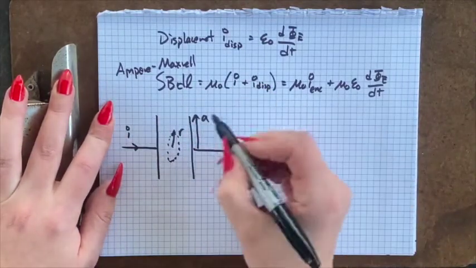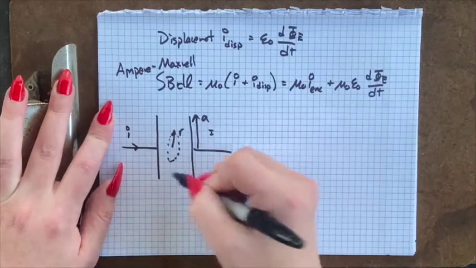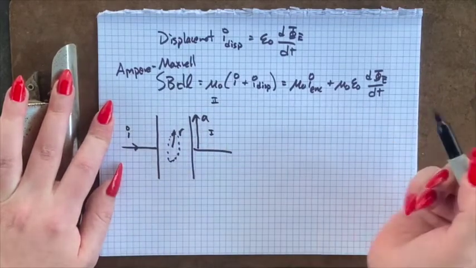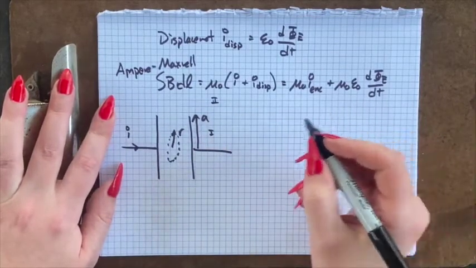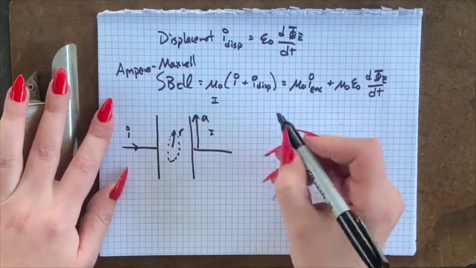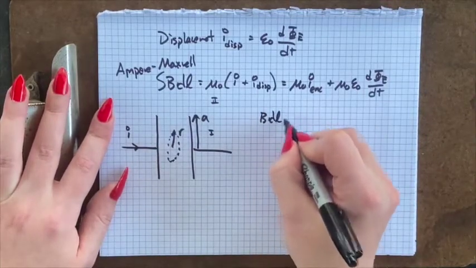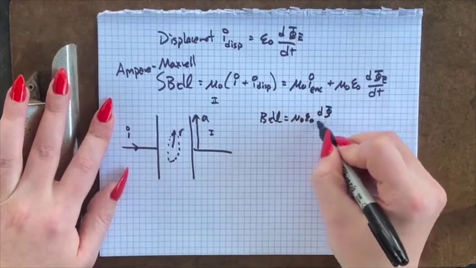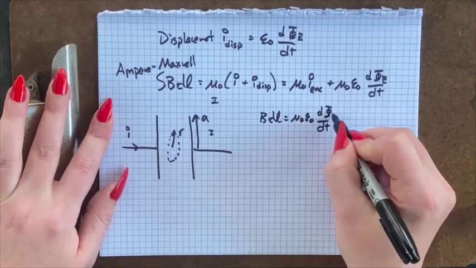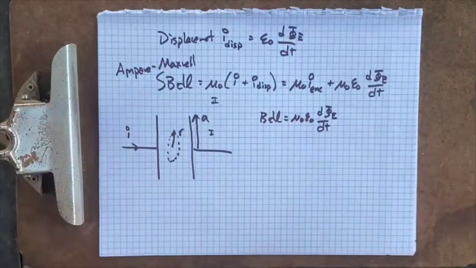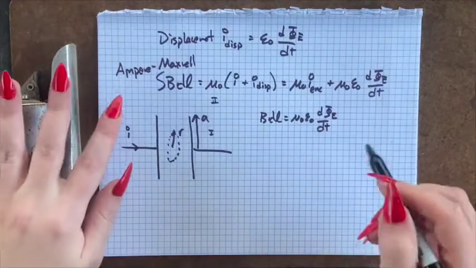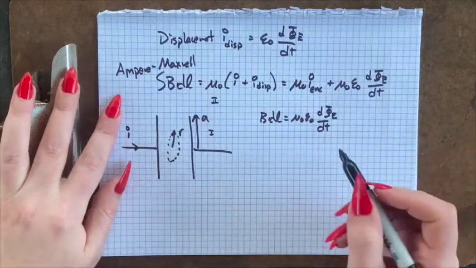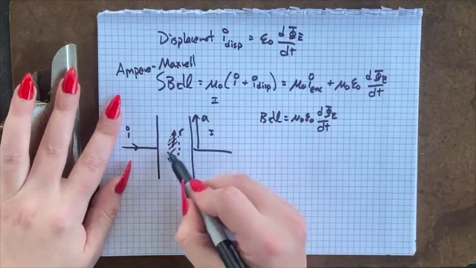So let's do two regions. Region 1 would be in between the plates, and region 2 would be out here. To do that, we'd have to do ∮B·dl equals μ0 ε0 dΦ/dt, right? And then ask ourselves, well, what is the electric field and the flux in this particular region?